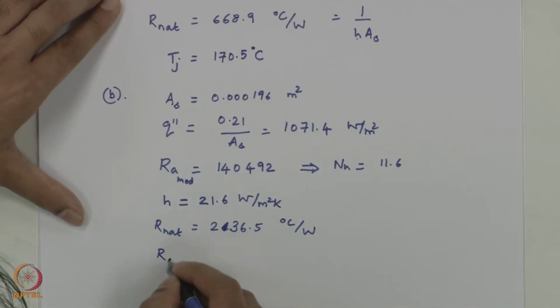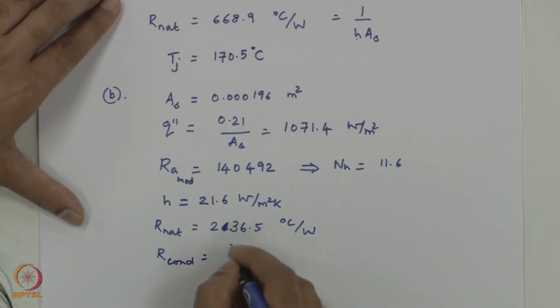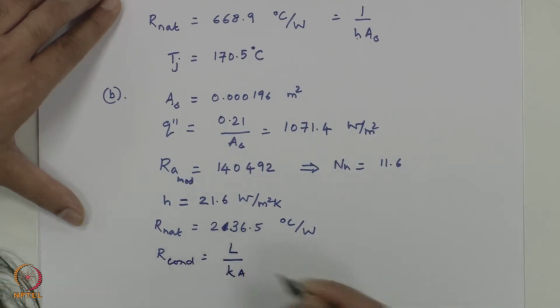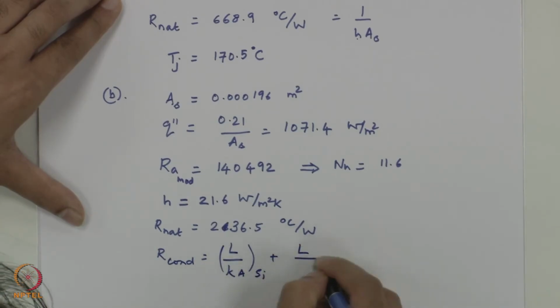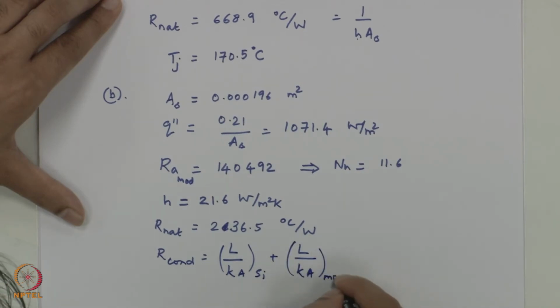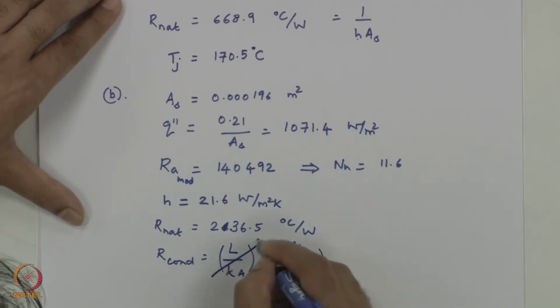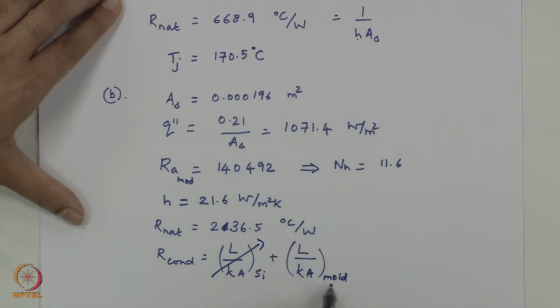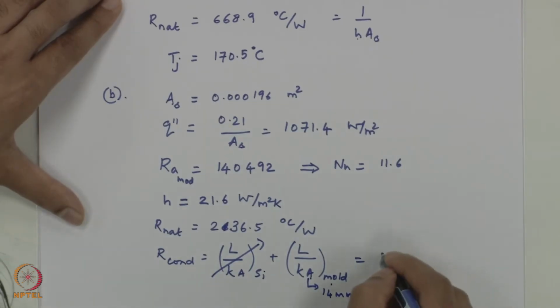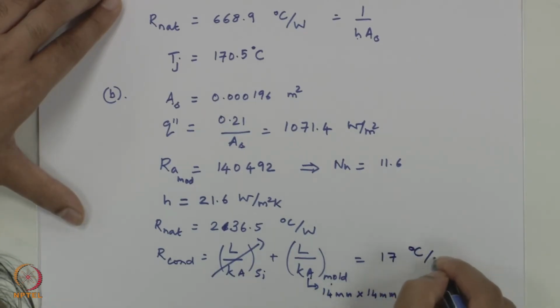So, using the conduction resistance in the base, which is L divided by Ka, you can add the resistance in silicon plus L by Ka in mold. So, assuming as a worst case scenario that all the major resistance is only from the mold, and if you calculate based on the area of cross section of the mold, which is 14 mm by 14 mm, the conduction resistance turns out to be 17 degrees C per watt.